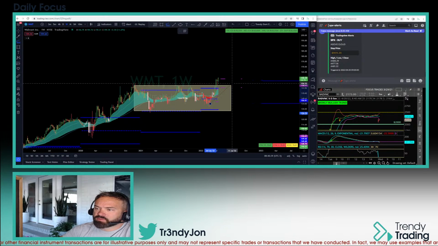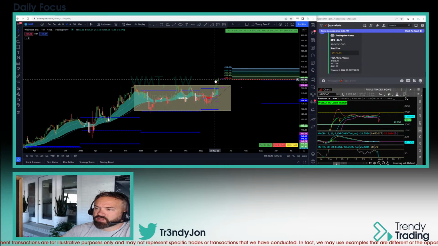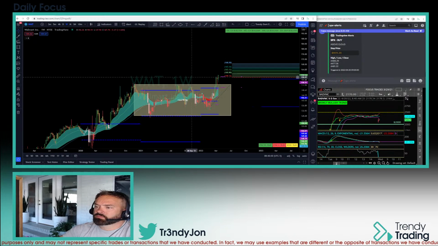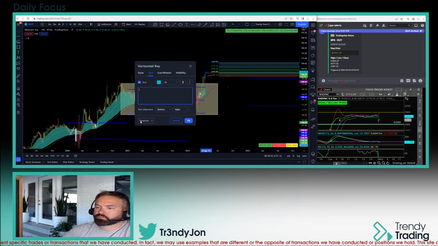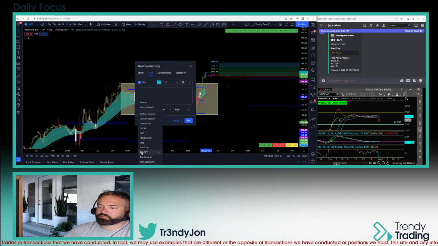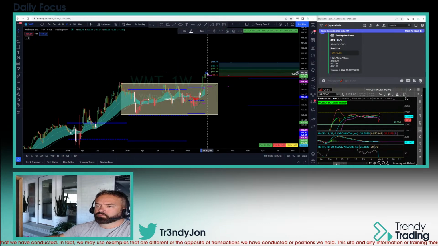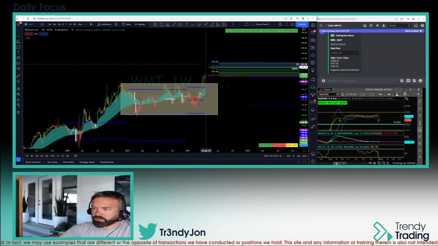I mean, to me, this one makes more sense. It's already at the 23. It looks like it could hit 160.70. This target up pretty big too.